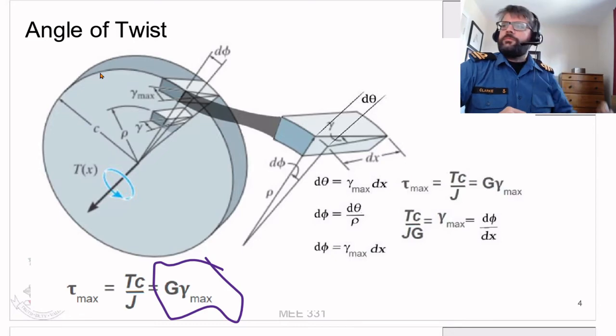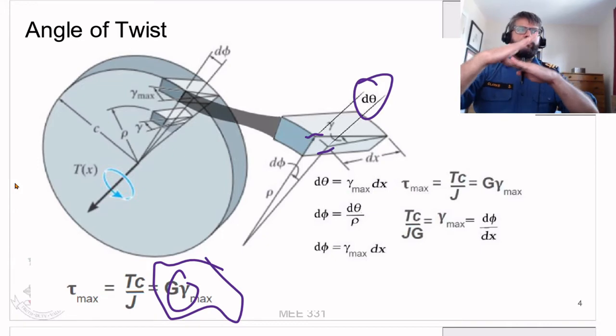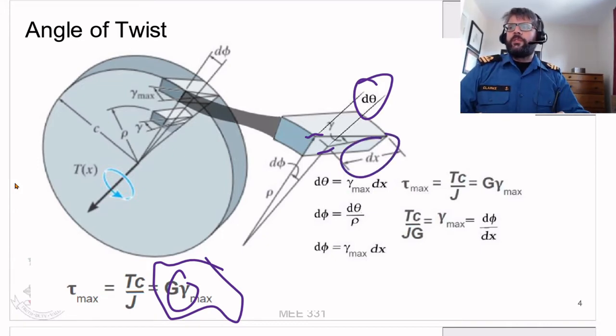So if we know our shear strain here at the ends, so let's say that angle there, if we know that angle, then we can figure out from that how much offset we would have per unit thickness.